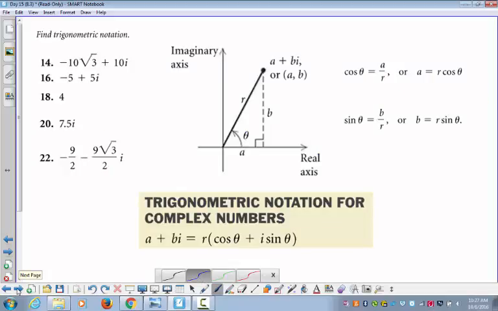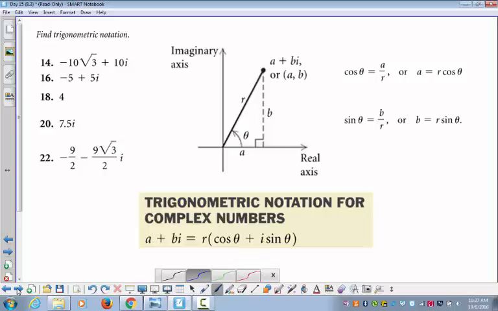All right, so let's talk about the connection then between complex numbers and trigonometry. There's an obvious connection because we are graphing these complex numbers in a plane, and you clearly see there's an angle. And so what we're going to do is convert our complex numbers.